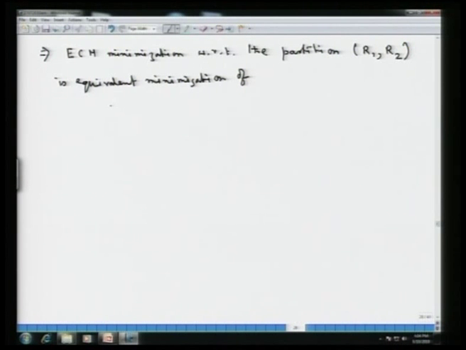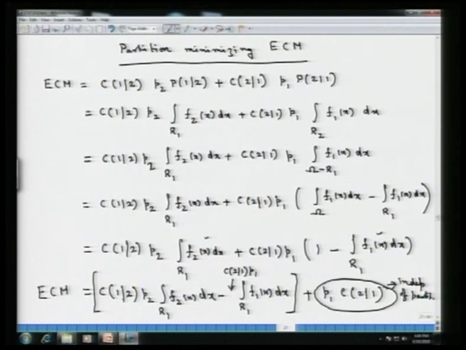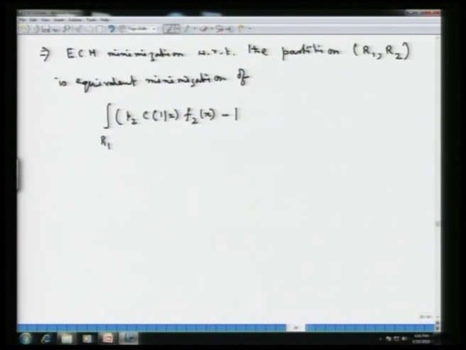So, this is minimization of the term, integral over R1, writing it in one expression. This is going to be P2 into C(1|2) multiplied by f2(x), that is coming from the first term here, minus P1 C(2|1) into f1(x) dx.